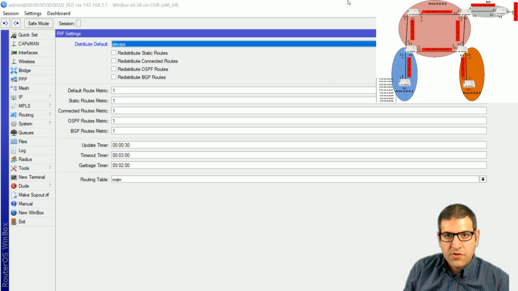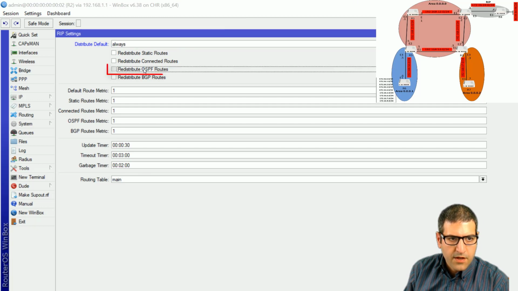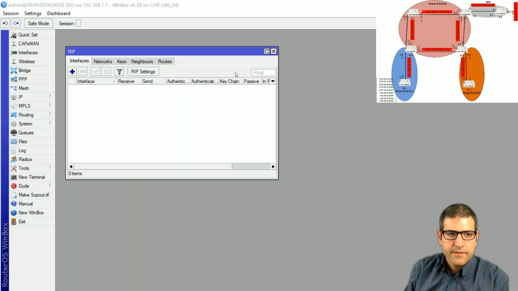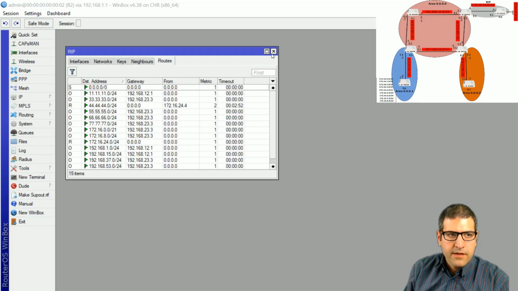You can put it if installed, so if the route is installed, you can redistribute it; if not, you don't. Then what you need to redistribute is OSPF. I'm saying here I want to redistribute OSPF routes inside RIP, so router 4 can know them and see them as RIP networks. Then I say apply and OK. And this is the ASBR.